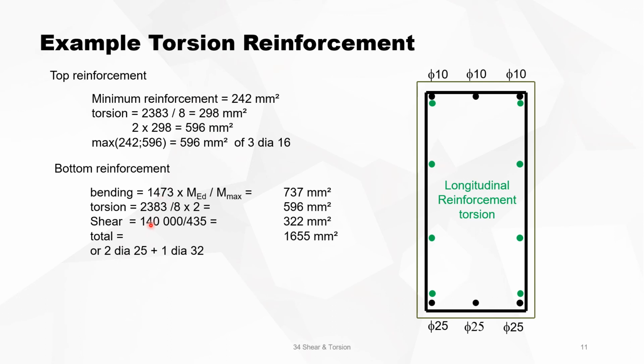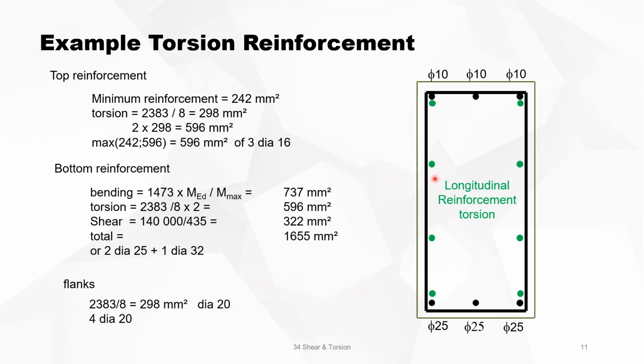Then for shear, we need an additional 140 kilonewtons divided by 435, which is 322 square millimeters, and it gives us 1,655 in total, which means 2 diameters 25 and 1 diameter 32.